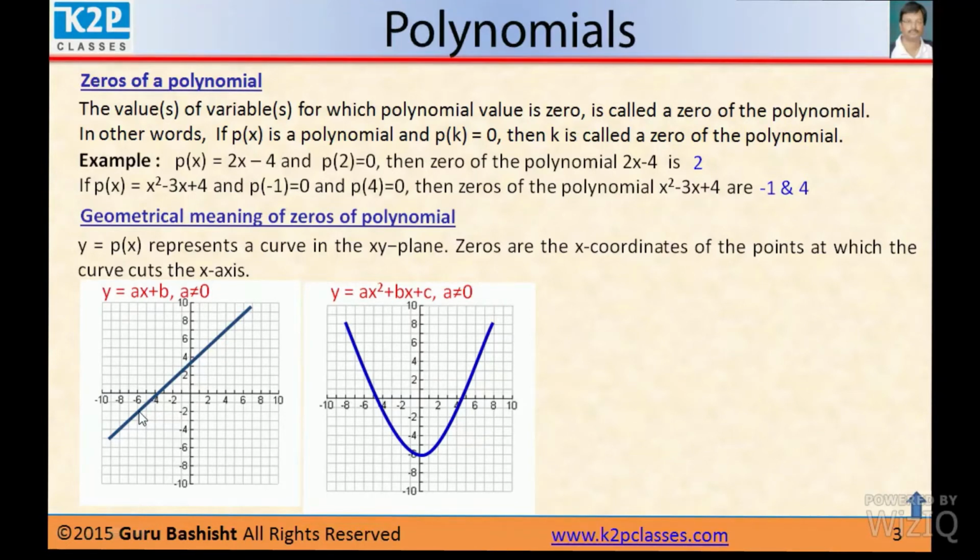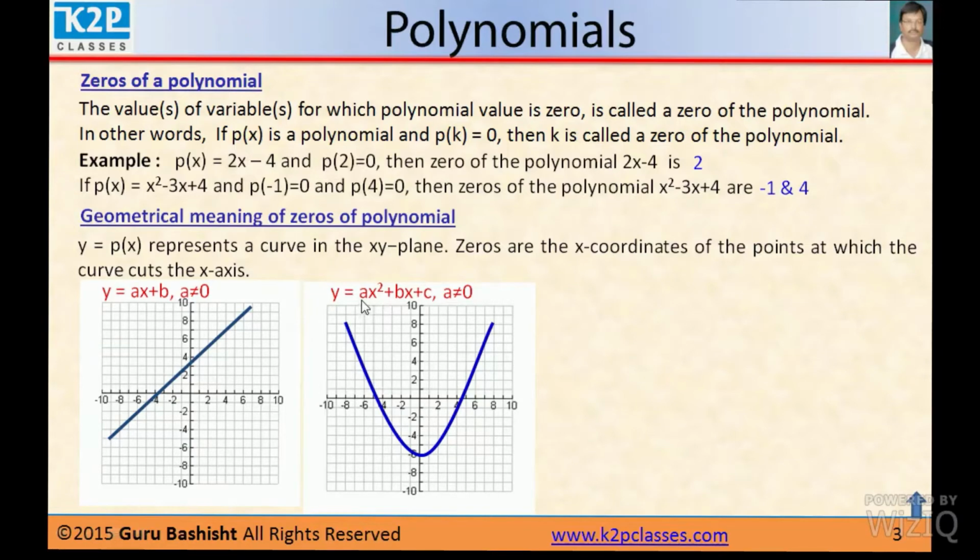That I will teach you in some other class, but for the time being, just understand that if you draw y equal to x plus b, this will be a straight line, and it will cut x-axis at any one point, and that is why this linear equation will have only one zero. Like here, 2x minus 4, the zero of this expression is 2.